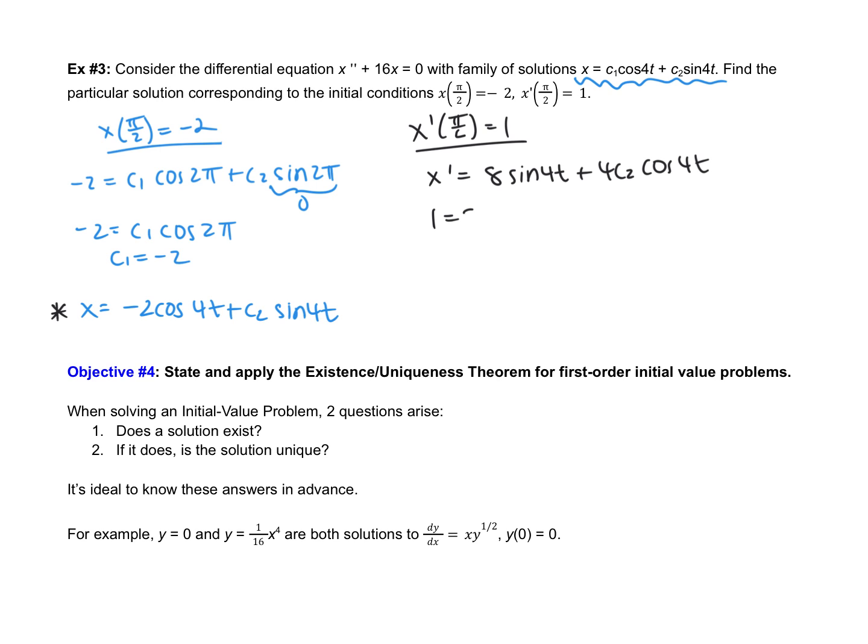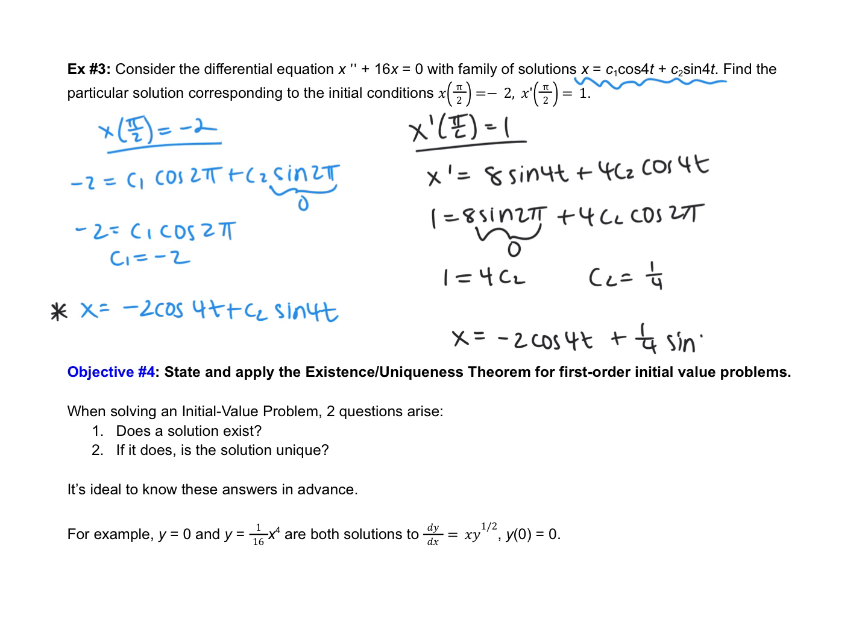So we get 1 is equal to 8 sine of 2 pi, add 4 c2 cosine of 2 pi. Again, we know that sine of 2 pi is 0. So we end up with 1 equals 4 c2. So c2 is equal to 1/4. So our particular solution corresponding to the two initial conditions is x equals negative 2 cosine of 4t, add 1/4 sine of 4t.